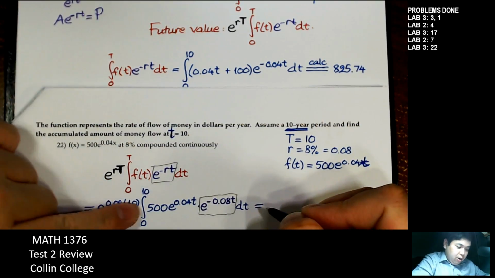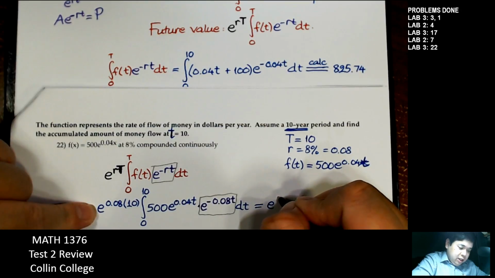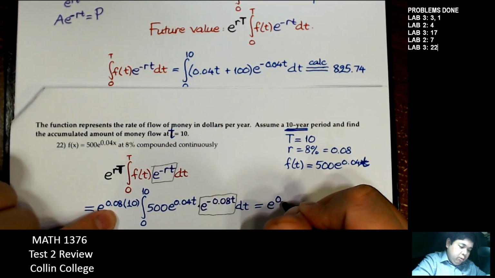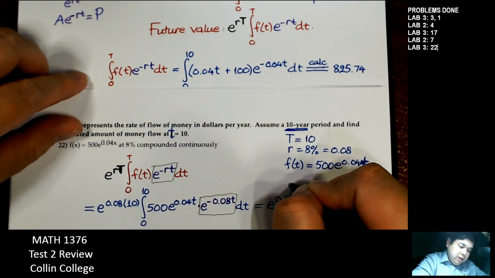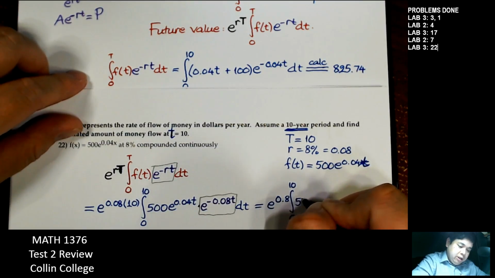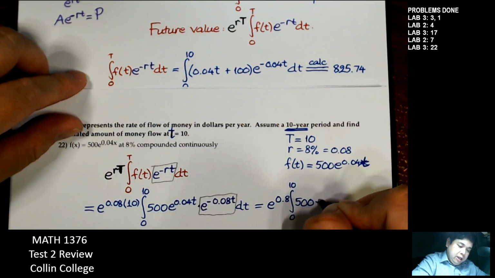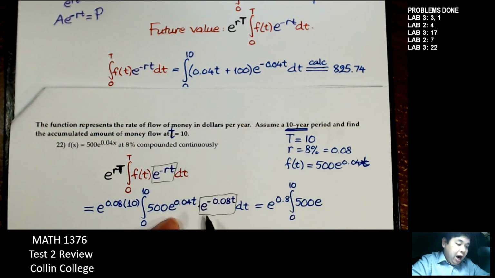First, combine this, we have e to the 0.08 times the integral from 0 to 10 of 500 e. Now we multiply two things with the same base, so we can add the exponents: 0.04 minus 0.08.